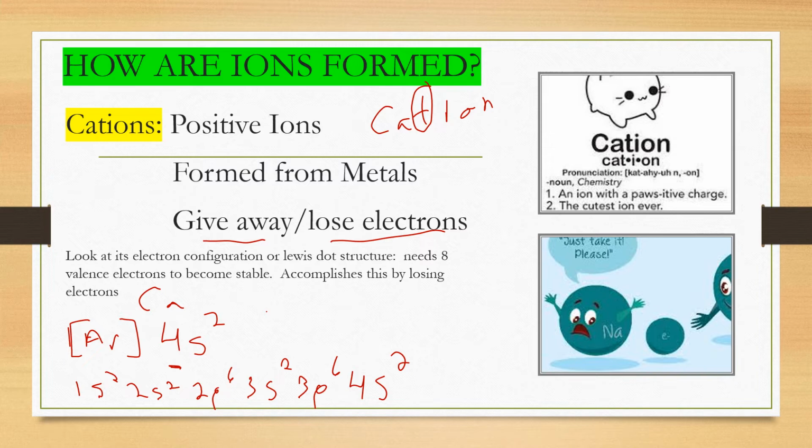So in order to get back to a noble gas, 3p6 is a noble gas, that's argon, we would have to drop 2 electrons. In that case, we would totally get rid of the 4th energy level and drop down to the 3rd energy level. And if you look here in the 3rd energy level, you have 2 and 6, so that's 8 electrons.